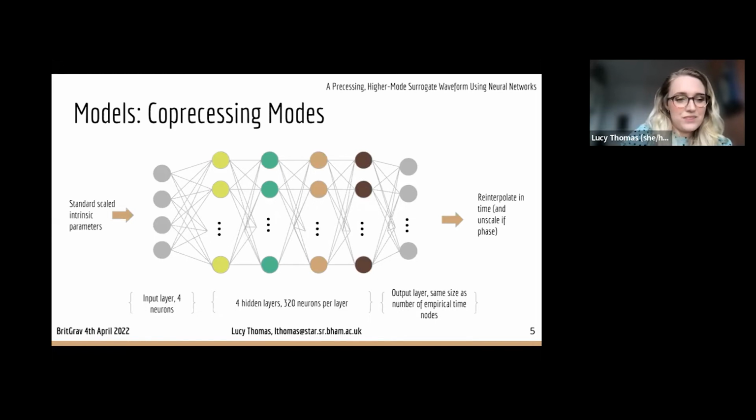And then we have 4 fully connected hidden layers, each with 320 neurons, leading to an output layer, which is the same size as the reduced basis and also the number of empirical time nodes for that component. So in order to produce the full waveform component, we need to input the intrinsic parameters into the neural network, reinterpolate the output from the output layer, and then do any inverse scaling that we need in order to produce the fully predicted amplitude or phase.